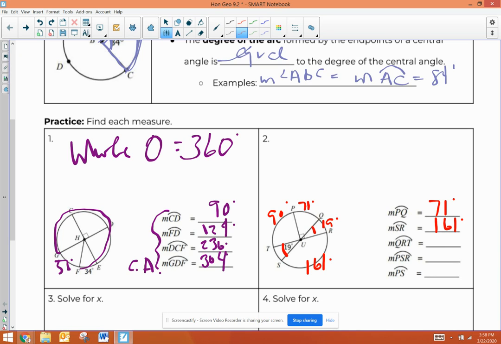Measure of arc QRT would be 19 plus 161 plus 19, 199.